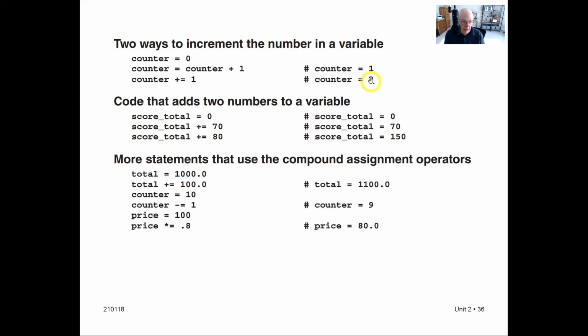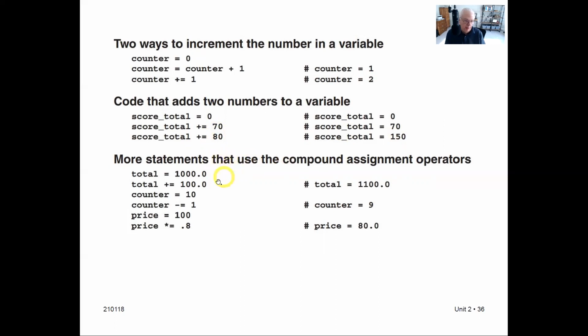The code that adds 2 numbers to a variable is using the compound operator twice. So we initialize the value to 0. We add 70 to that 0. Okay, this is what I was talking about. Because we initialized the variable here, the compound operator works. We add 70 to 0 and we get 70, and we do it again here with 80. So we're adding 80 to 70 and we come up with 150.